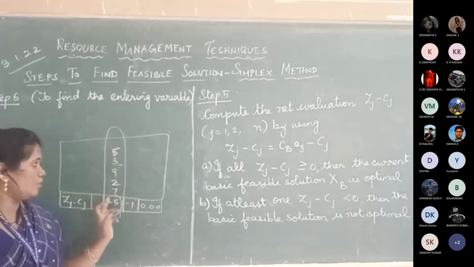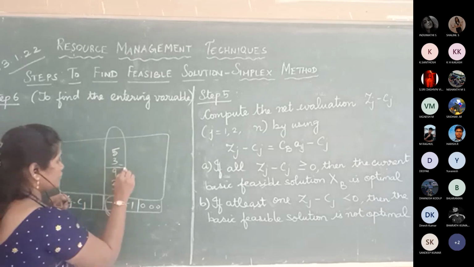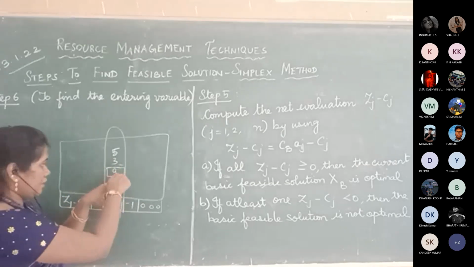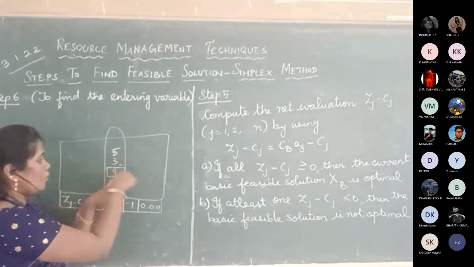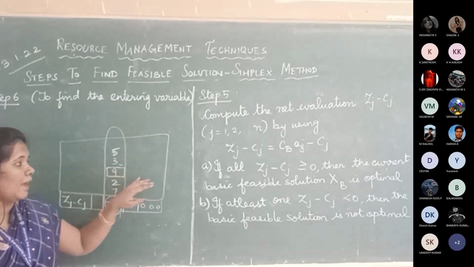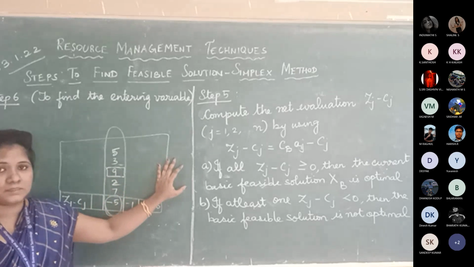In this whole column, whichever is your biggest value, now if you see, your 9 is your bigger value. With that bigger value, the whole row, you will divide it and find out your min ratio. That will be the next step.